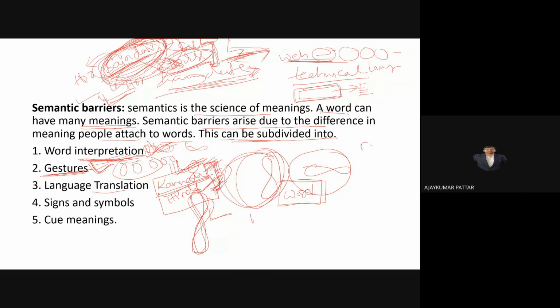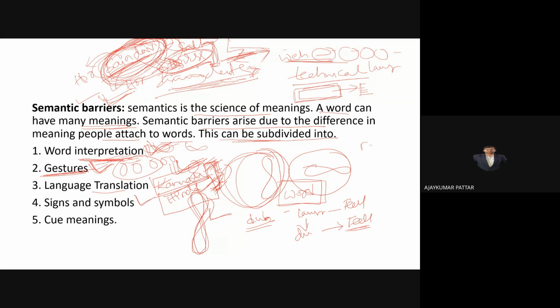For example, dubbing of movies. If you see the movie in the original language, it gives a different feel. If you see it dubbed, the same scene gives you a different feeling. So language translation is a semantic barrier.